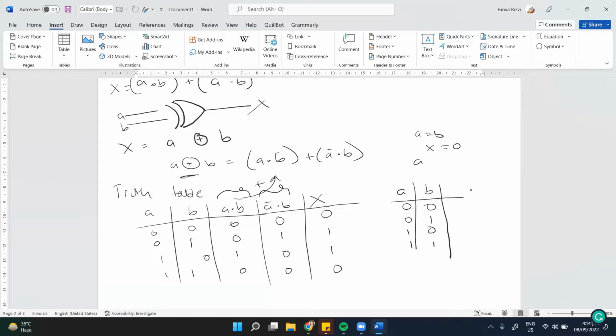But if A is not equal to B, then the output X is going to be equal to 1. So I'm just going to write if, then here, and if, then here.